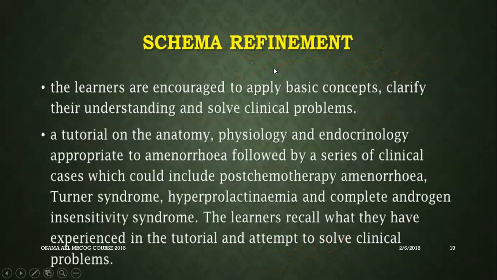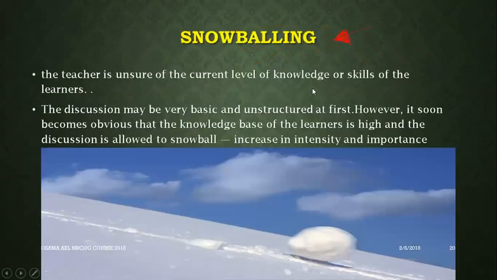Schema refinement: you don't know the basic science, physiology and anatomy, so I will start at first to tell you about physiology and anatomy related to our topics. Snowballing: I don't know your level of knowledge, so I will start to ask simple questions to see what is your level of knowledge.